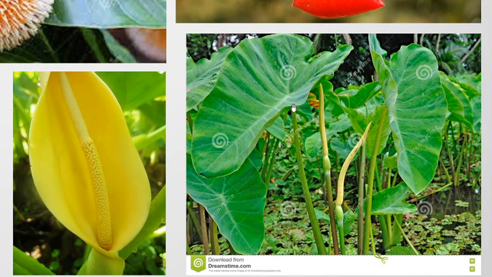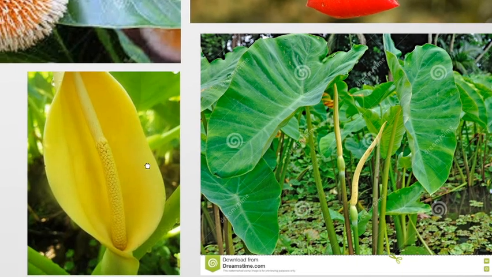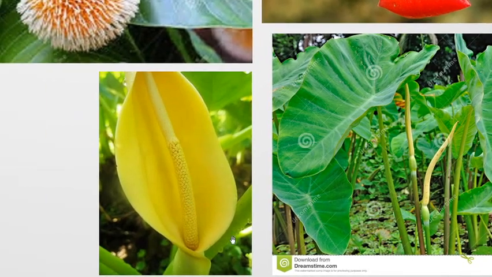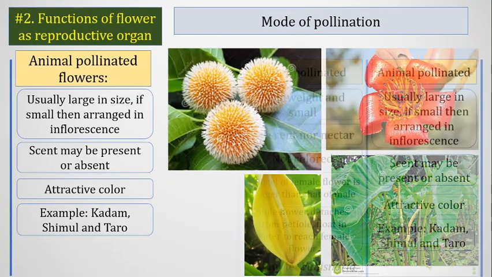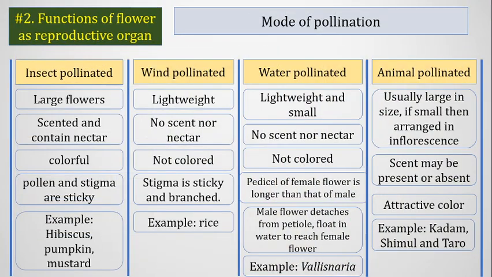So in the taro plant, the kochu plant, they have long leaves, and the yellow part you see is actually the flowers of it. So that is the kochu flower. So what we have actually learned is about different types of plants categorized on the basis of mode of pollination.